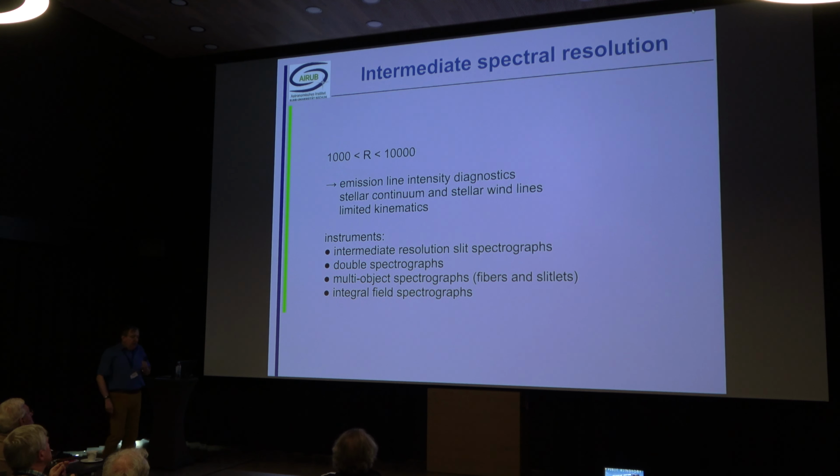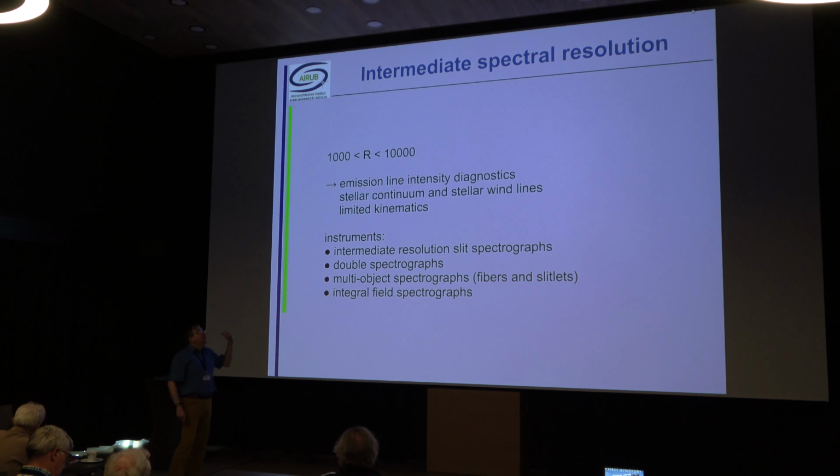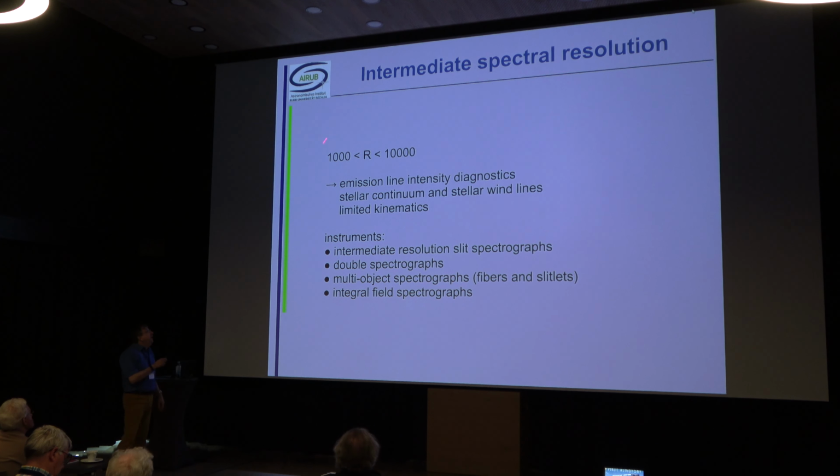And this is normally not only applied to the low resolution spectrographs, but also the intermediate resolution. I would define that as R between 1,000 and 10,000. And there you have a lot more which you can do. Of course, you can measure individual emission lines, use that for diagnostics. You have the stellar continuum.